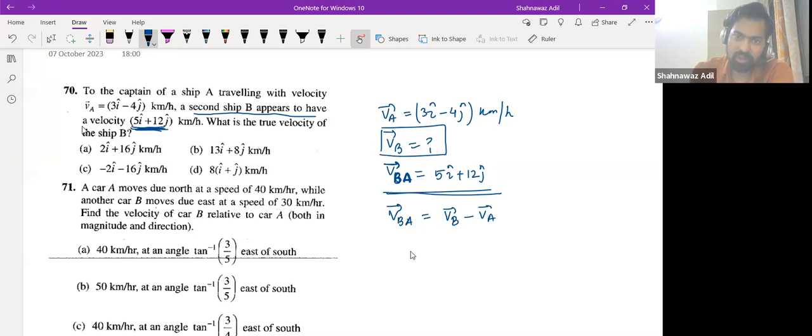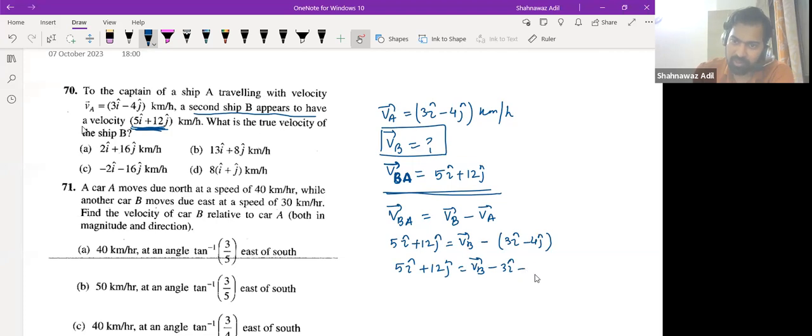So let us put all these values. This is 5I plus 12J, and this is VB minus of 3I minus 4J. Then this is 5I plus 12J equals VB minus 3I plus 4J.